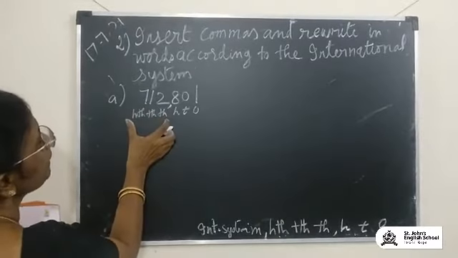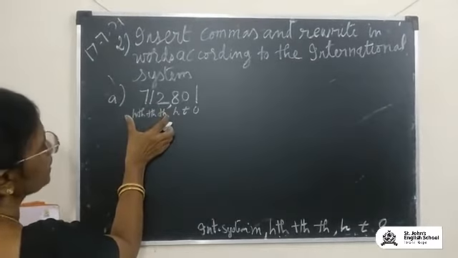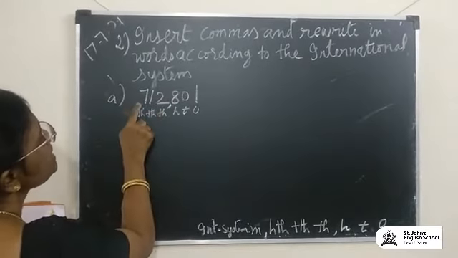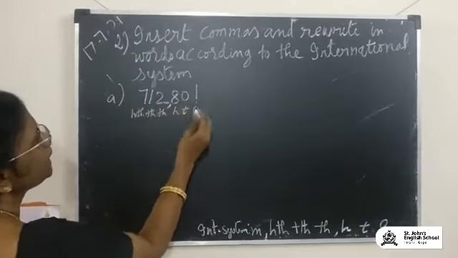How will you read it now? You have to read three numbers together. All three numbers are in the thousands place, so you read 712,801.